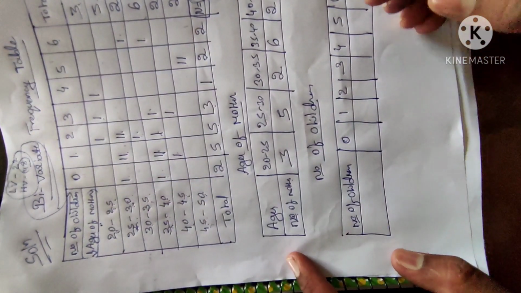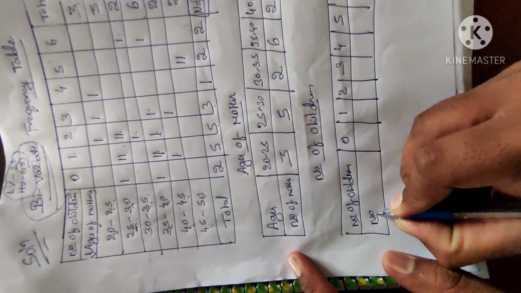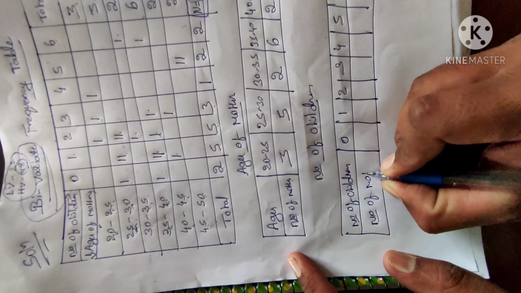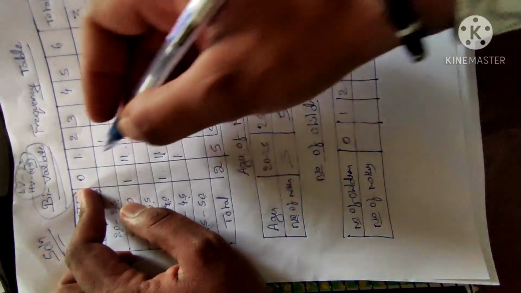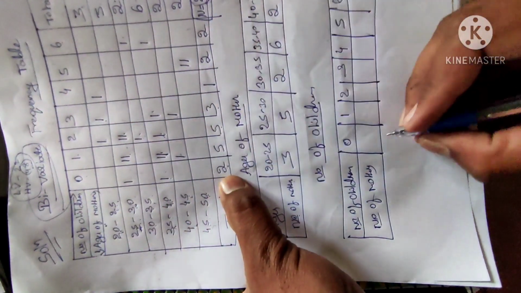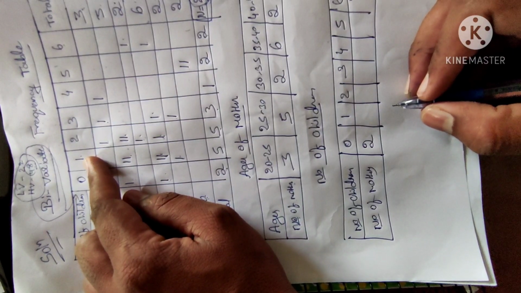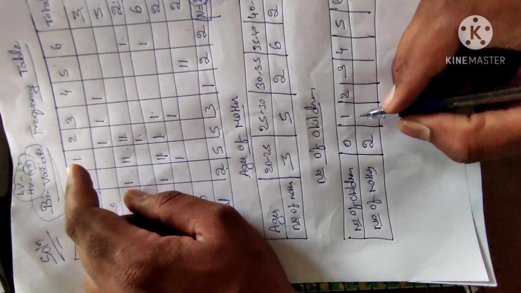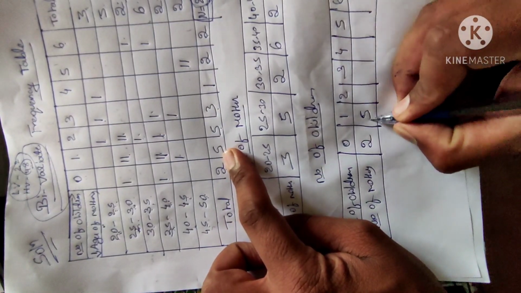This is the information of number of mothers. Number of mothers in 0: in the 0 column, the total is 2. We should write the total here, 2. Next column, number of children 1, the total number of mothers is 5.